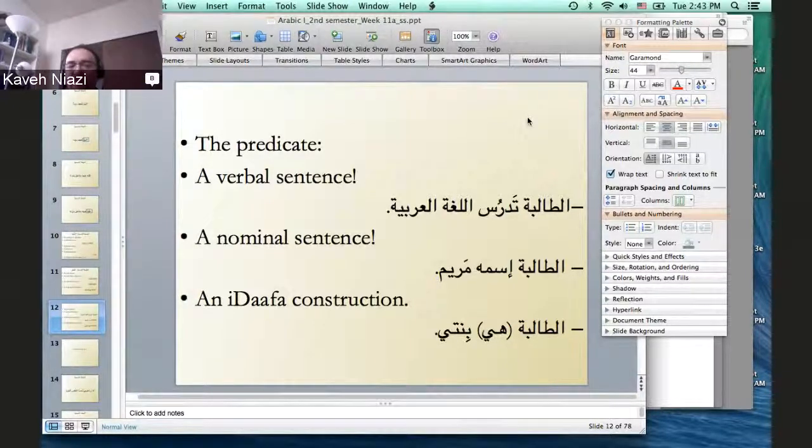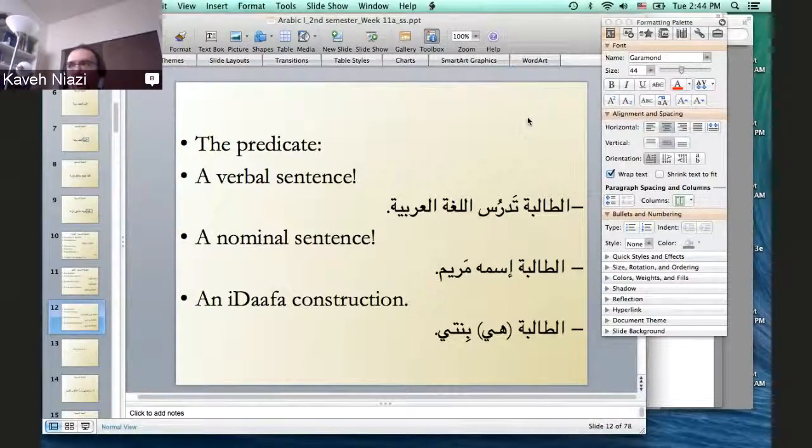So at-taliba binti would have worked just fine. But if it was a proper noun, for instance, at-taliba hiya Maryam. At any rate, we're not going to belabor that. But you see that there's this richness in these nominal sentences, right? Your noun can have different forms, and so can your predicate.